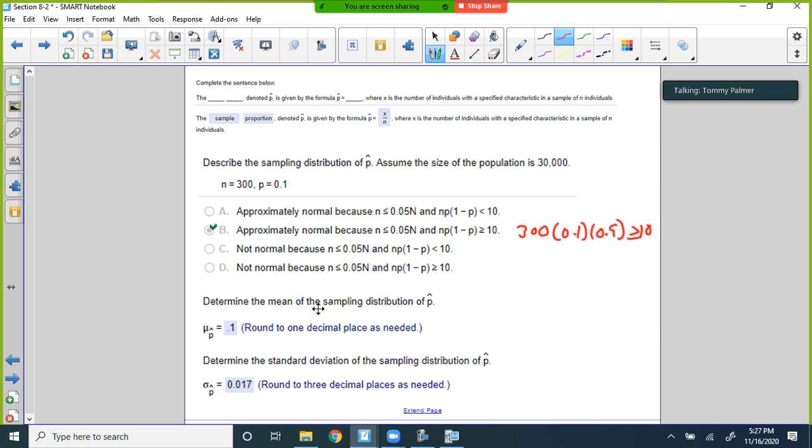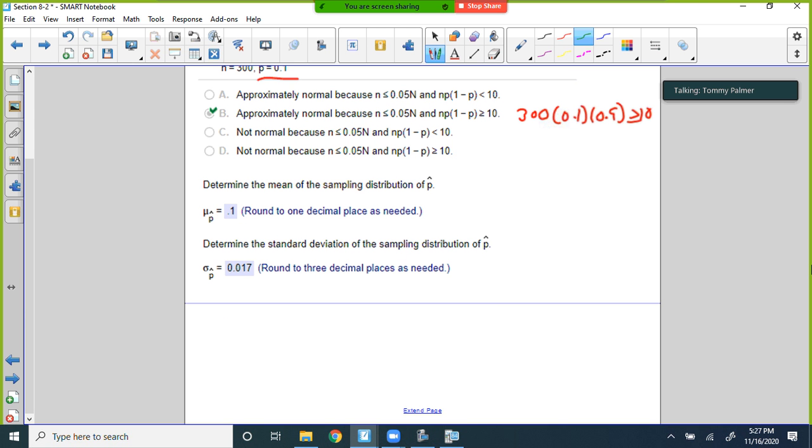Now, determine the mean of the sampling distribution of p-hat. The mean of the sampling distribution of p-hat is equal to 0.1. The mu of p-hat is equal to p. Now, determine the standard deviation of the sampling distribution. That's only a calculation. The standard deviation of p-hat is equal to the square root of p times q over n.